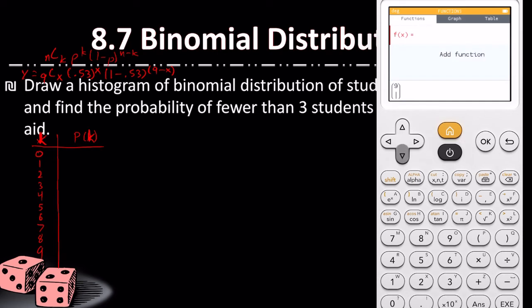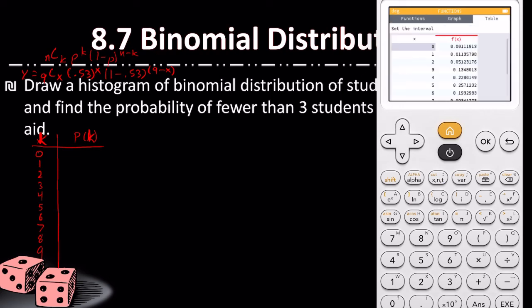N is 9, my k is x, times 0.53 raised to the x, times 1 minus 0.53 raised to the n, which was 9, minus x. And there we go. You think, hey, great. Well, if I go over to my table now, I can see right here.